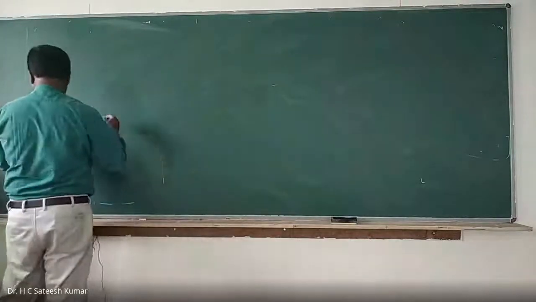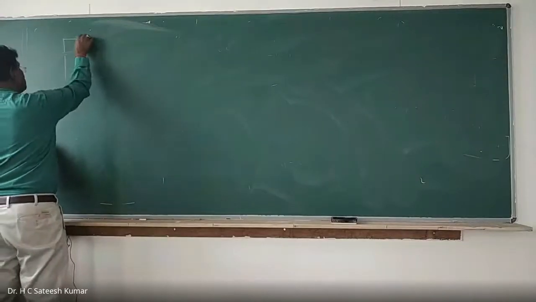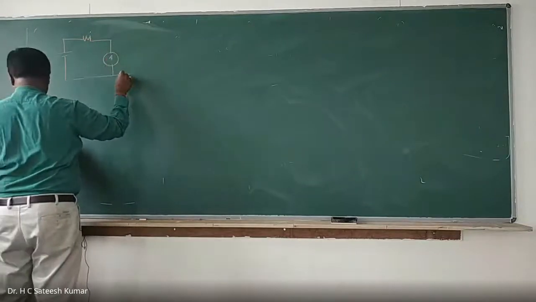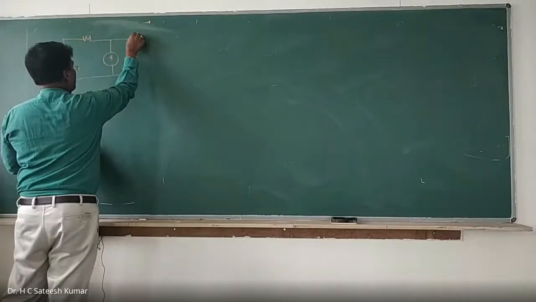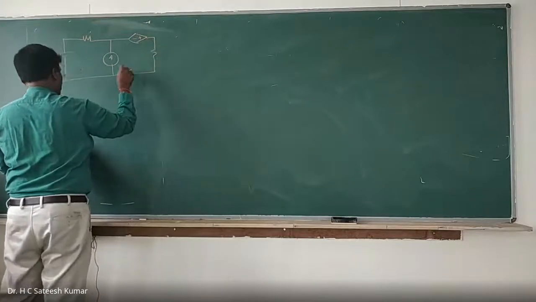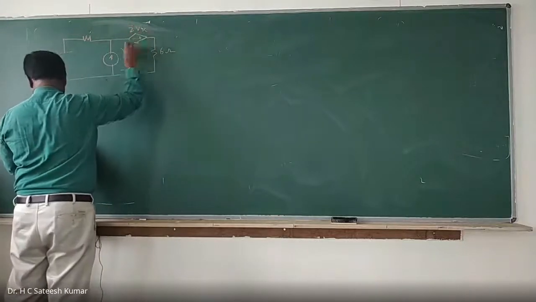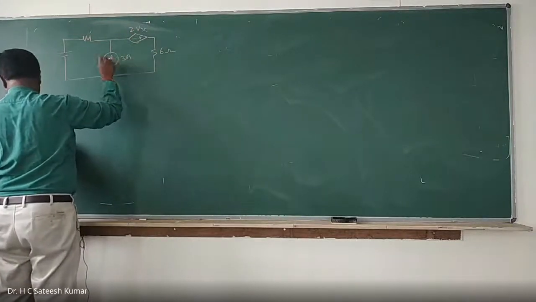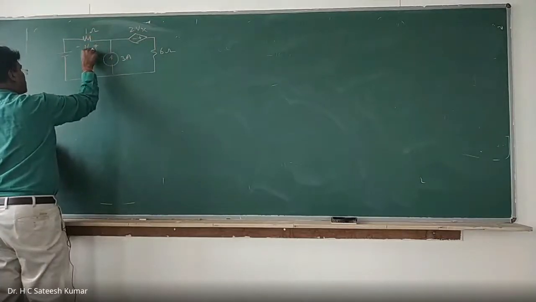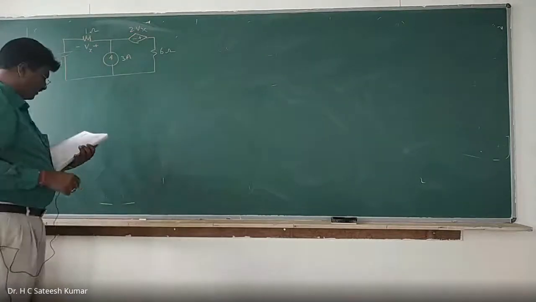Okay, right. Six ohms, 2 Vx, 3 amps, 1 ohm, minus plus Vx, 18 volts. Like this it will be.